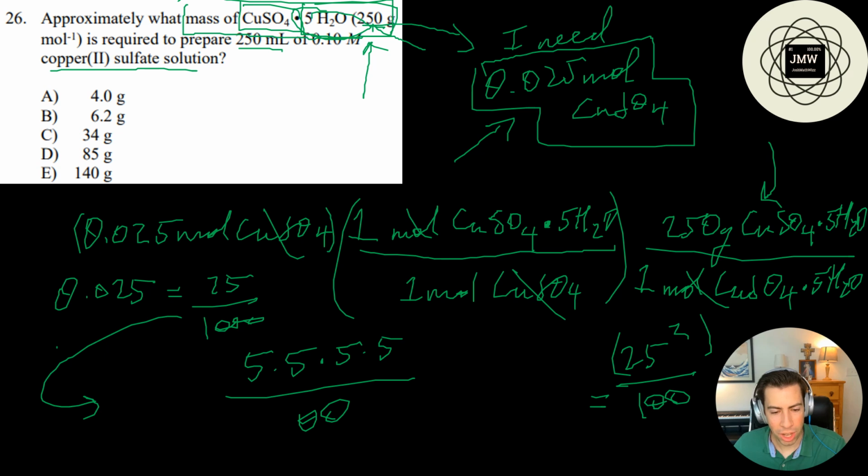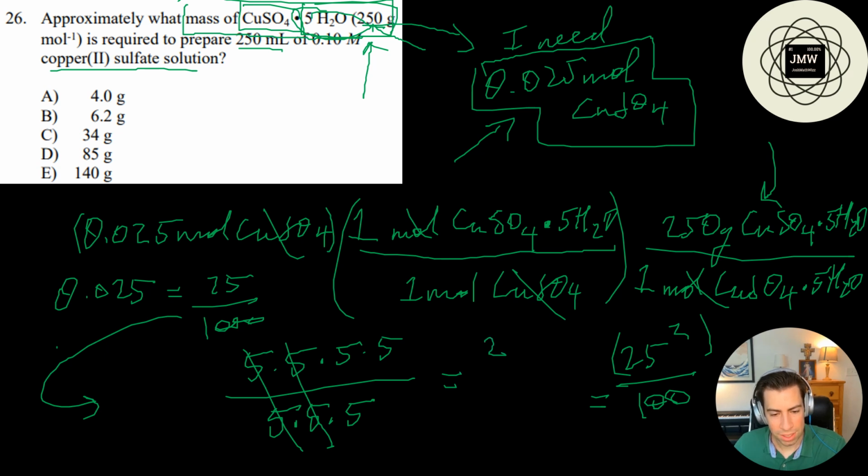And again, I know that 100 is just 5 times 20. But then I know that 20 is just going to be 5 times 4. So it'll be 5 times 5 times 4. So now look, I get 2 5s that cancel out.